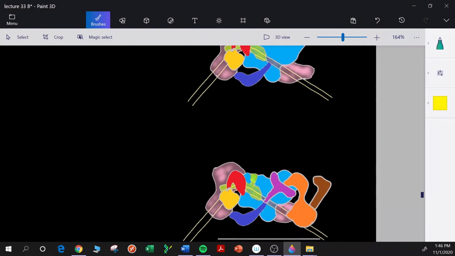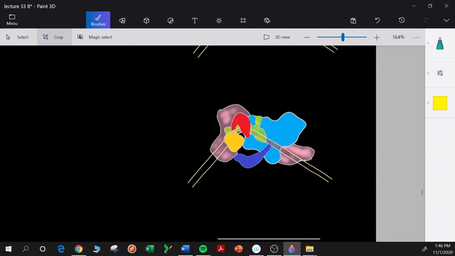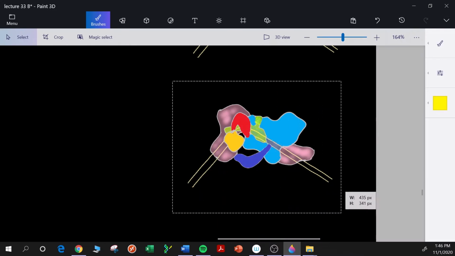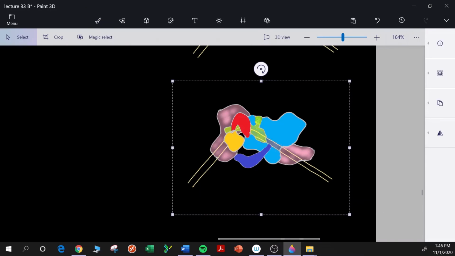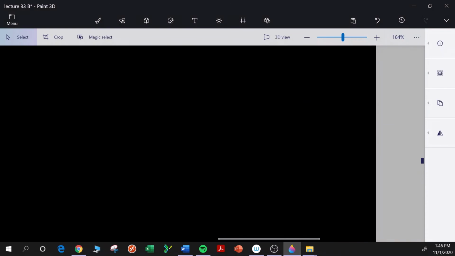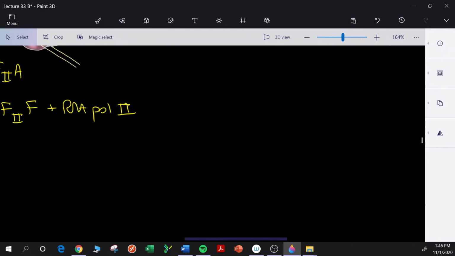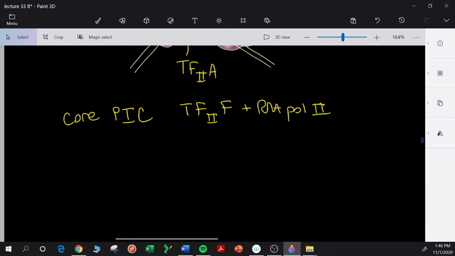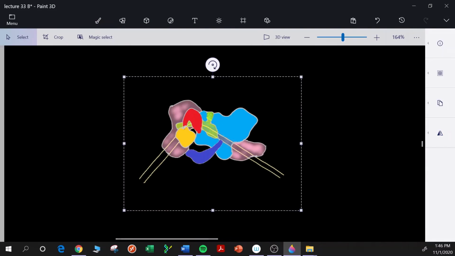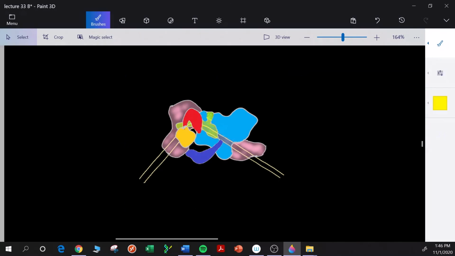Select, copy. Okay. So this is going to be the core PIC.